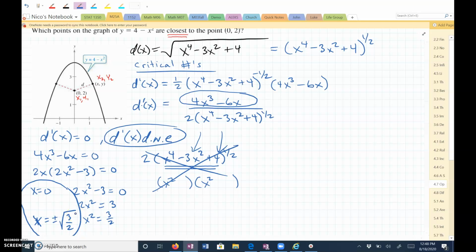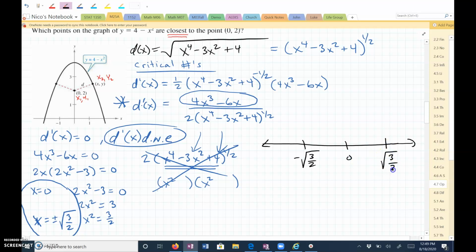Now we need to figure out which of these numbers are minimums or maximums. So one approach would be to use the second derivative test and check out concavity. But to take the second derivative of that, it's going to be a pain. Instead, let's look at the intervals from negative radical 3/2, 0, and radical 3/2.